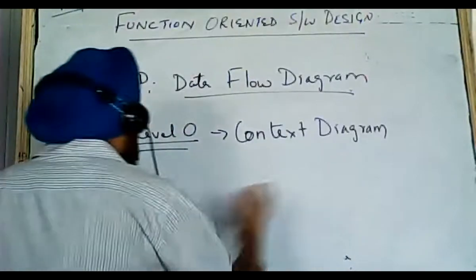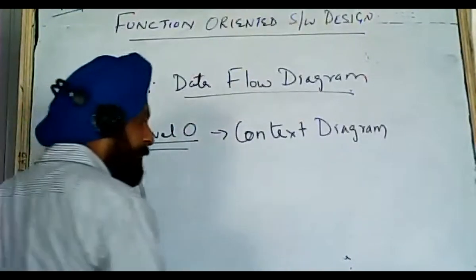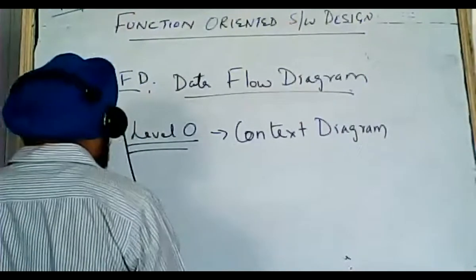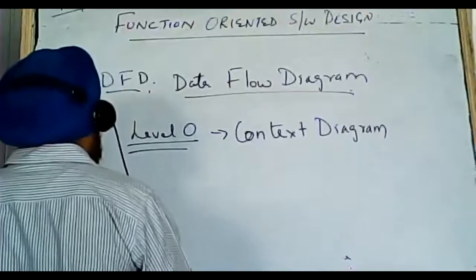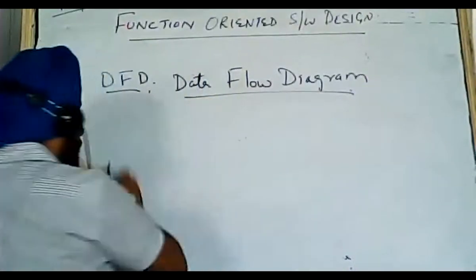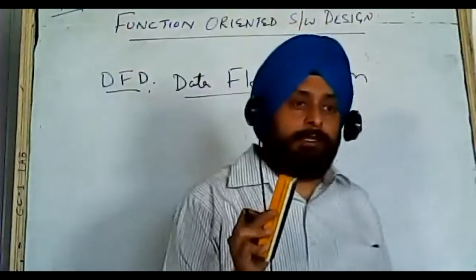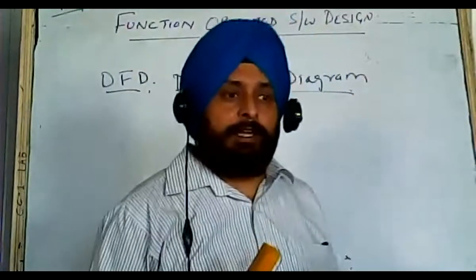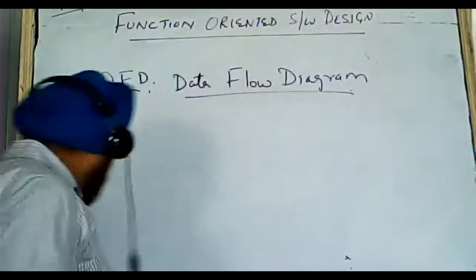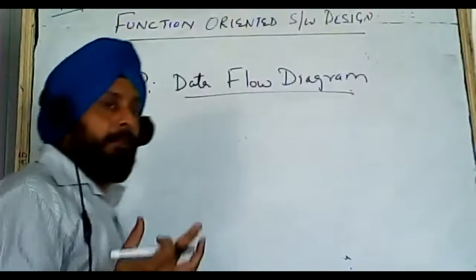Next, suppose this system is performing 3 functions. So in level 1, we have to draw 3 bubbles. A very important thing is that the level 0 DFD is known as the context diagram, because it tells you in which context the system is made.